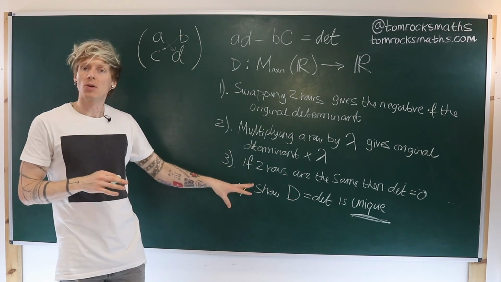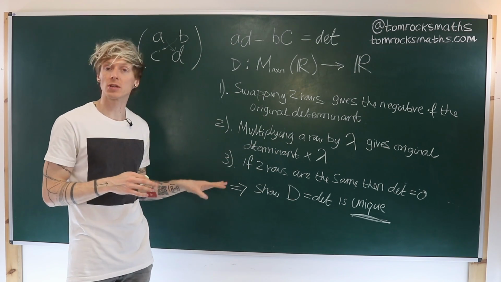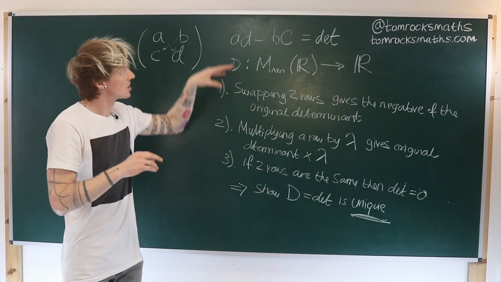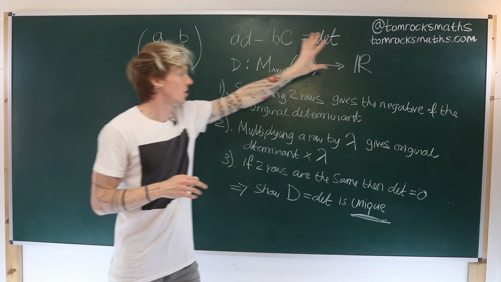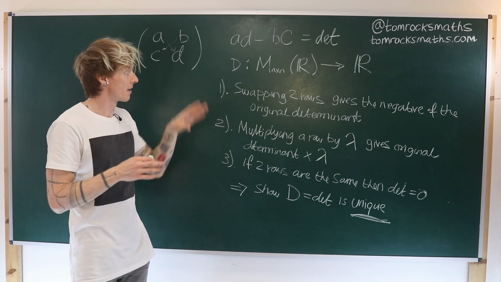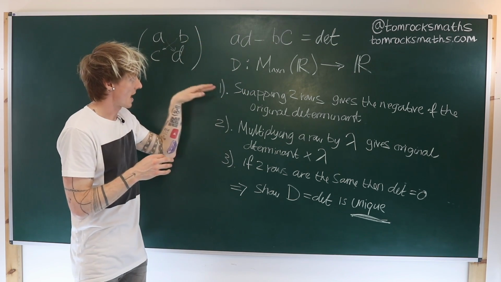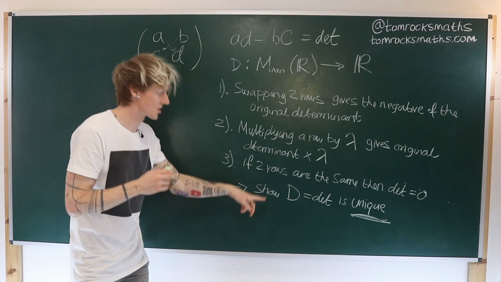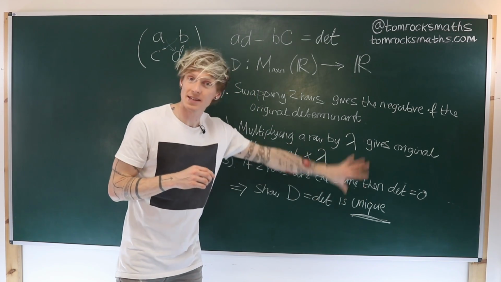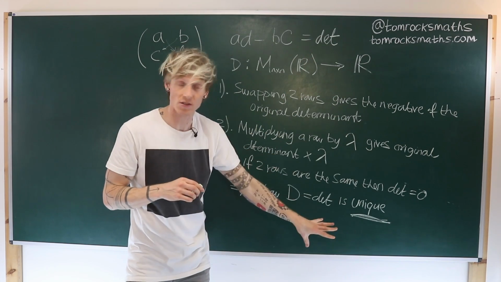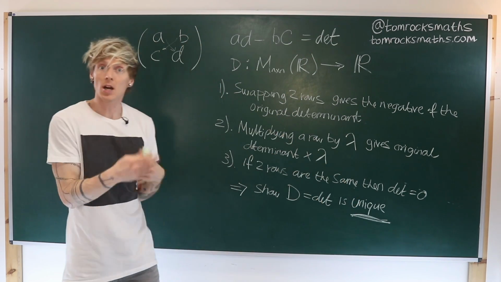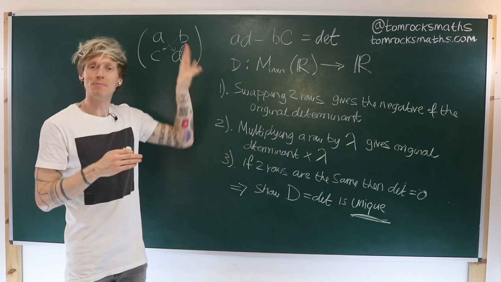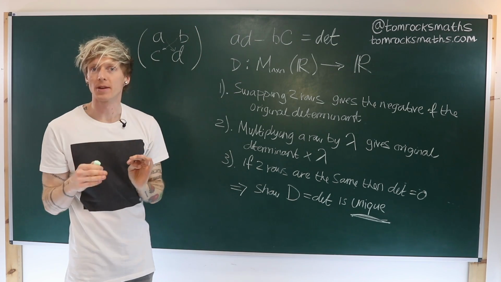If we can write down a candidate for this function, so if we can write down a function d, which we'll call the det, such that it maps from a square matrix to a scalar, to a real number, if we can write something down such that properties 1, 2 and 3 are all satisfied, then because it's possible to show that anything satisfying this is unique, there is only one such function doing this, if we can come up with that, maybe try something like this, then this must be the determinant.